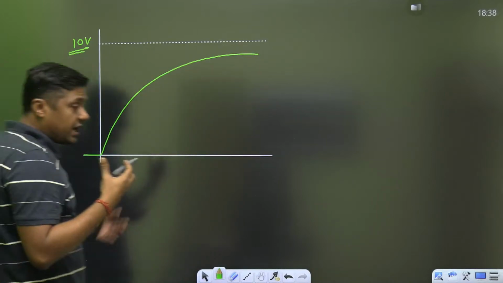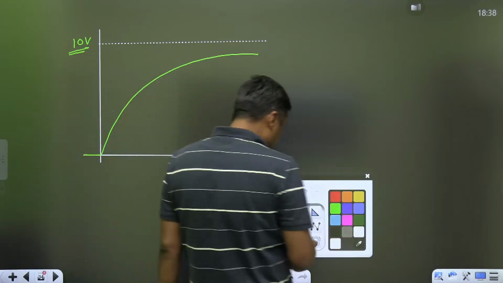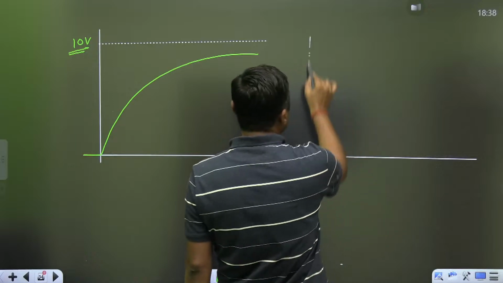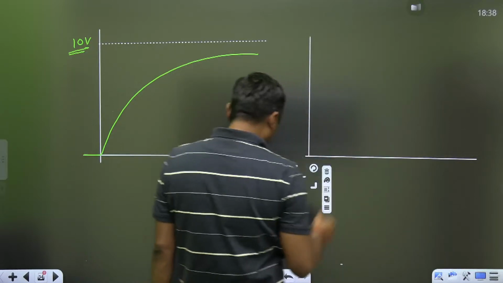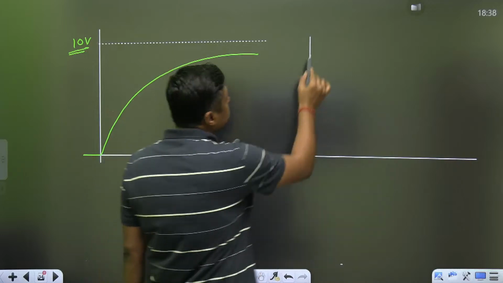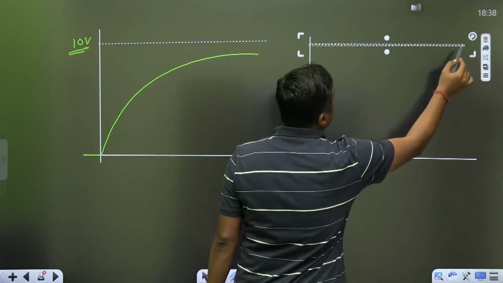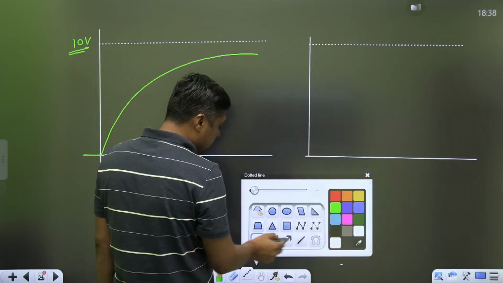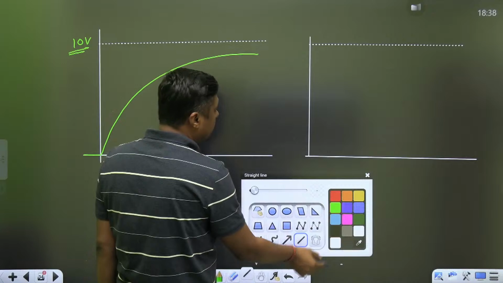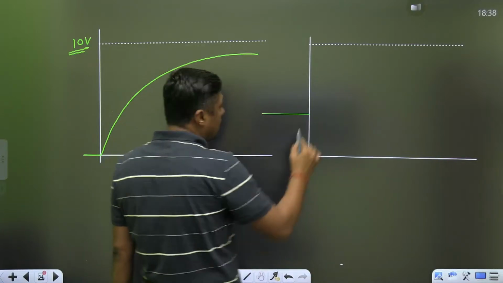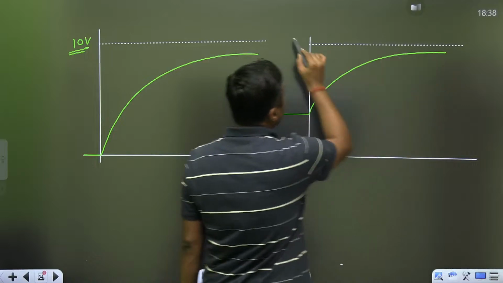Suppose it has an initial positive voltage, say 4 volt. Then it will start charging from 4 volt and then exponentially charge towards what? 10 volt.